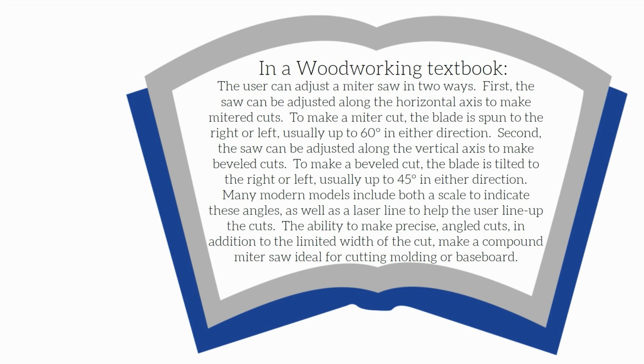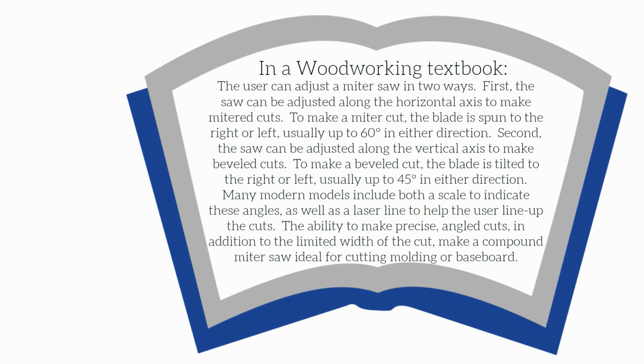The user can adjust a miter saw in two ways. First, the saw can be adjusted along the horizontal axis to make mitered cuts. To make a miter cut, the blade is spun to the right or left, usually up to 60 degrees in either direction. Second, the saw can be adjusted along the vertical axis to make beveled cuts.